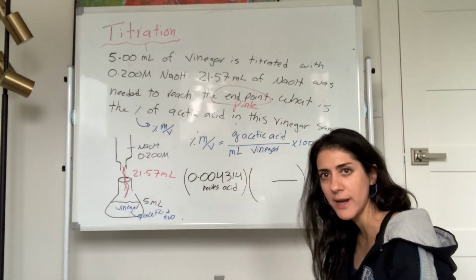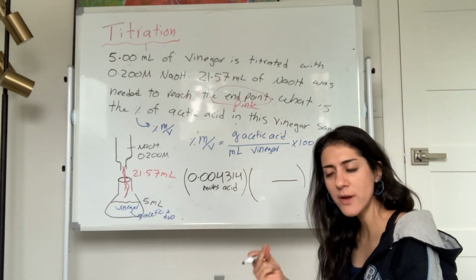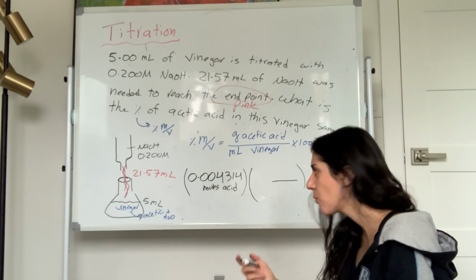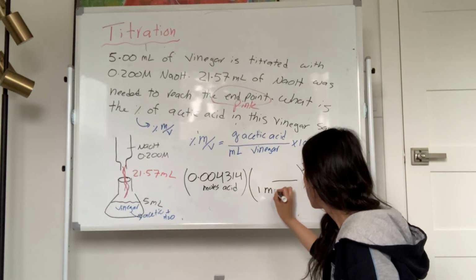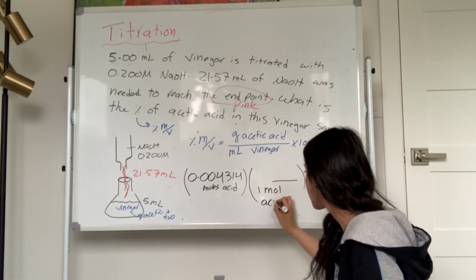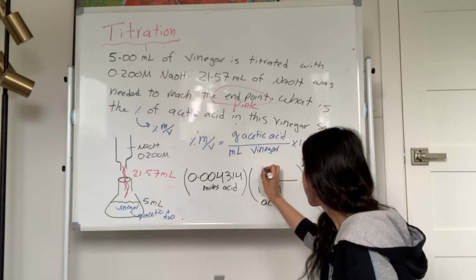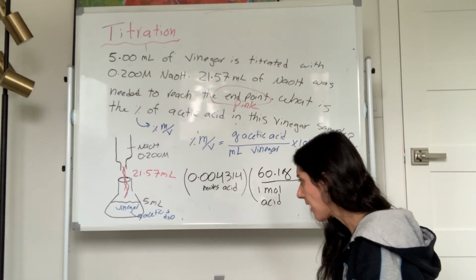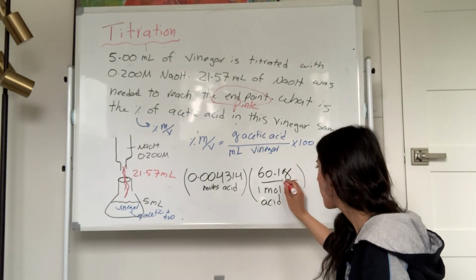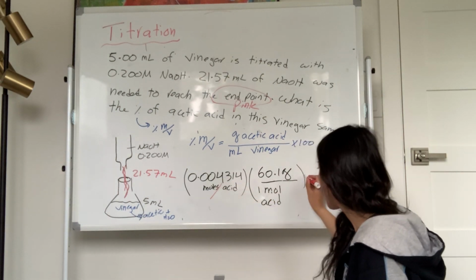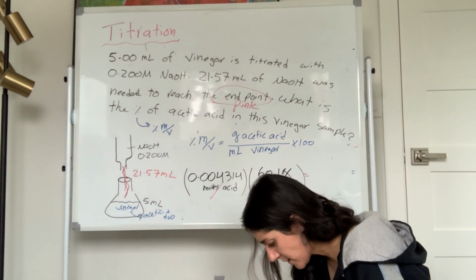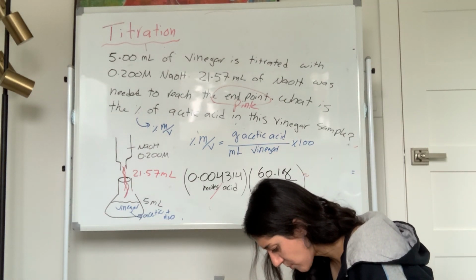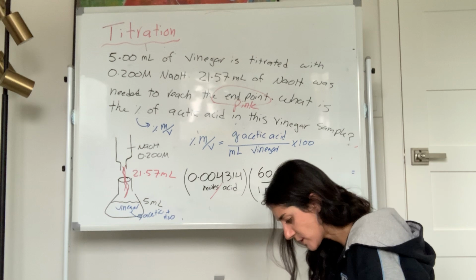You already know that. How do I convert moles to gram? Molecular weight. 1 mole of acetic acid, if you look it up, is 60.1 gram. So the moles cancel out, okay? You ready? You have a calculator out? 60.1. When you do that, what do you get?